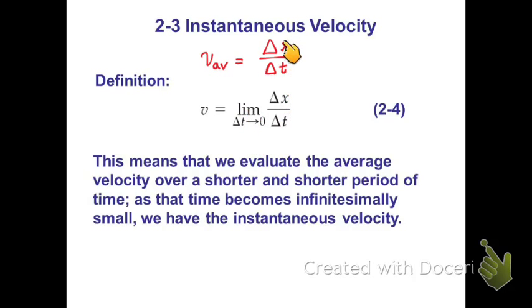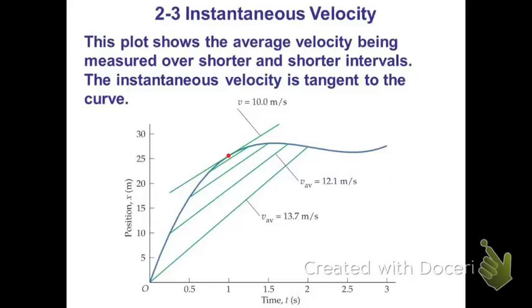You know, delta x divided by delta t is average velocity, and it requires 2 different points, both in position and time. But for instantaneous velocity, mathematically we just take the limiting value of this ratio when this interval delta t goes to 0.